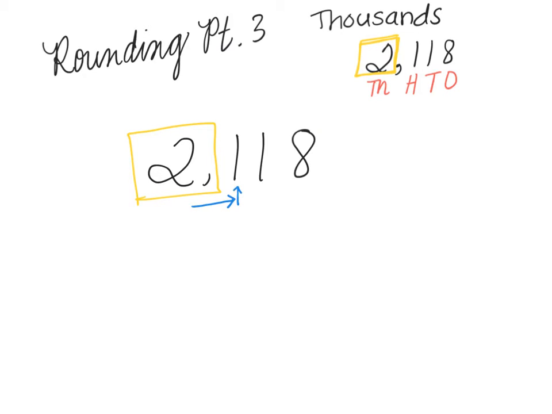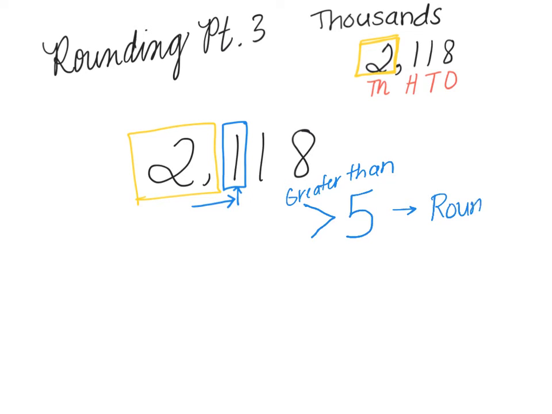So if this number next to the target number is greater than 5, then that means I round up.